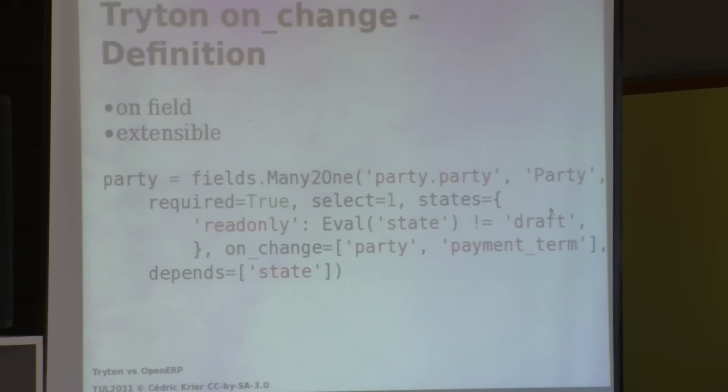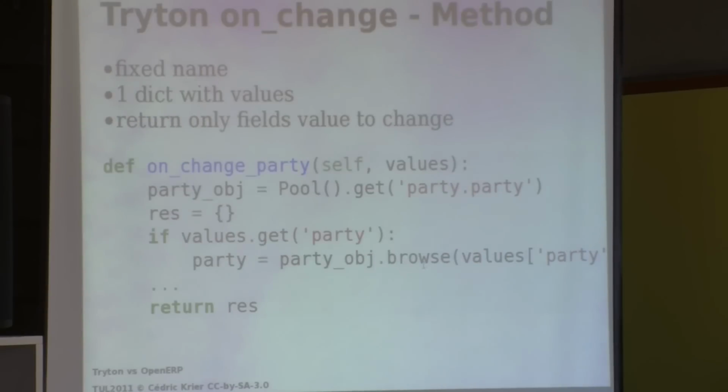For Tryton, the definition of the onchange is on the field. Like that, you can extend it, and you just have to define the list of the values you expect to receive from the call. Like that, we can extend it. We will see with the methods, because the method signature is just values.